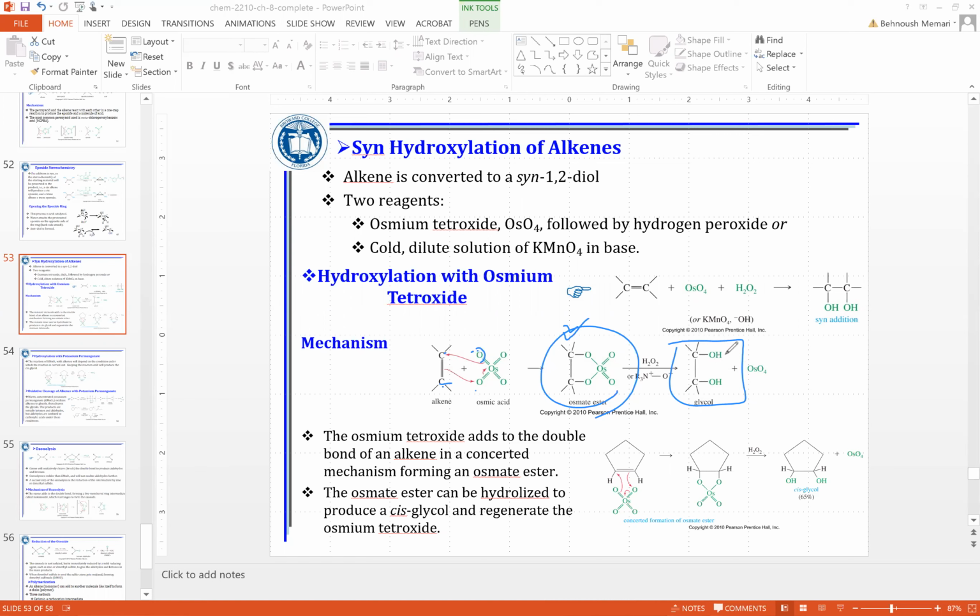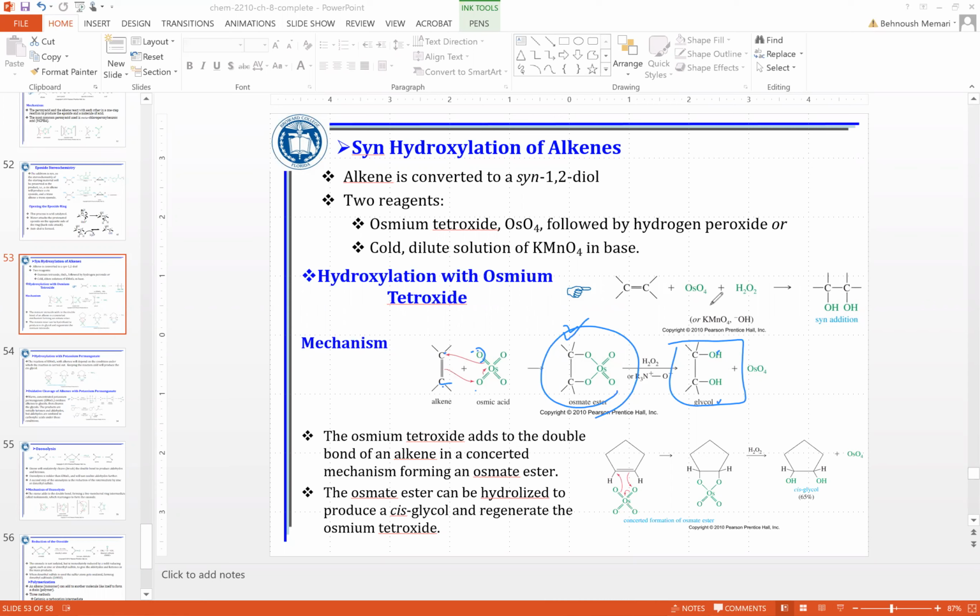But the difference between this diol and the previous one, or for ring opening of epoxide, is that this diol or glycol is going to be syn addition. Both OHs are on the same side. But for the other one, from ring opening, the OHs are on the opposite side. So just that, we talked about preparing flashcards.